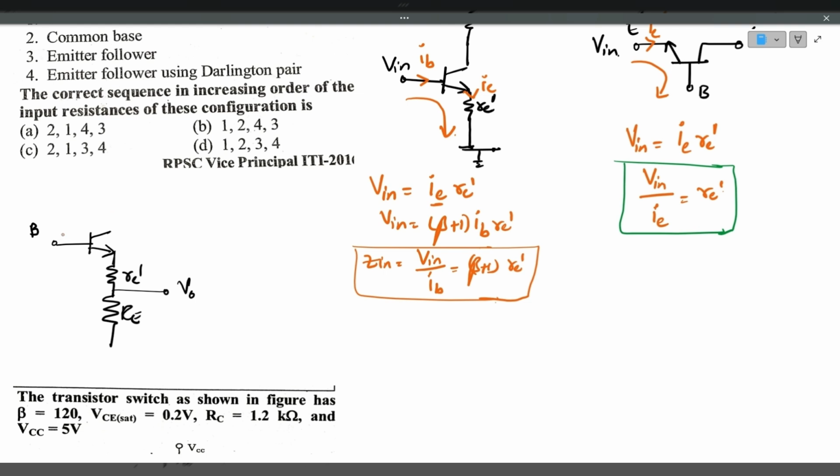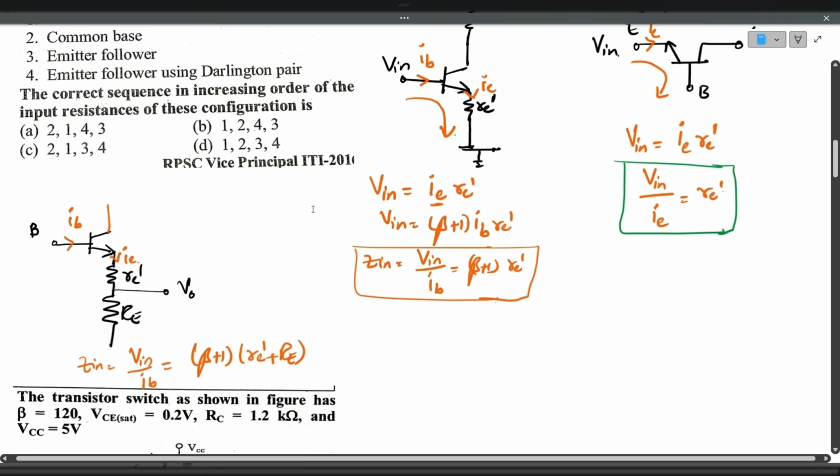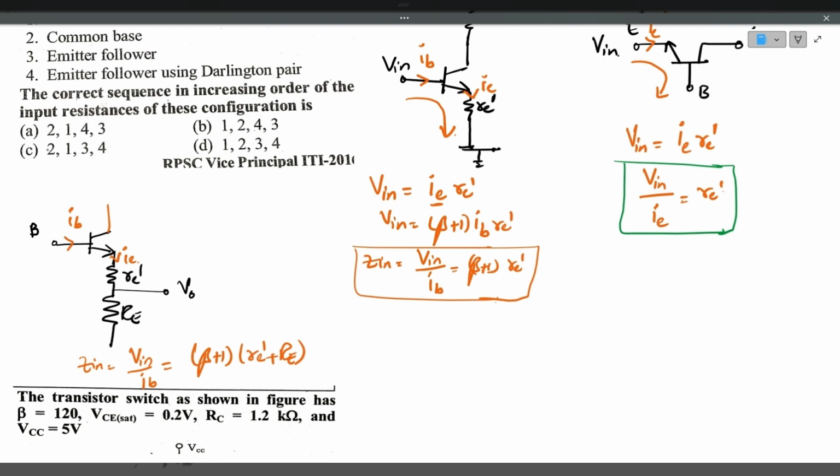Here the input current is IB, output current is IE. So if you calculate this, the input resistance will be input voltage divided by input current, which will be equal to (beta plus 1)(RE dash plus capital RE). This is the input resistance of emitter follower, that is common collector amplifier.